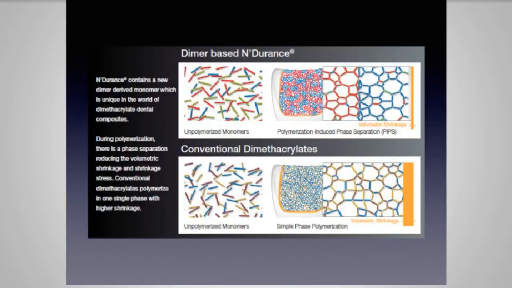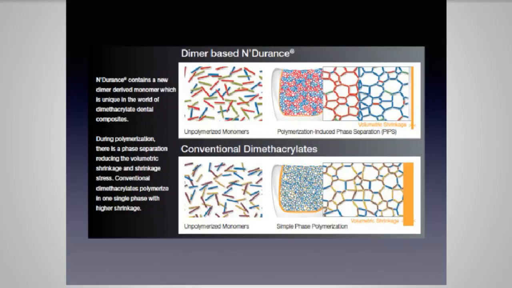Most composites, as illustrated in the lower part of the diagram, will polymerize in a single phase, which creates an incredible stress, as we were talking about earlier, on the material and the tooth surface interface.